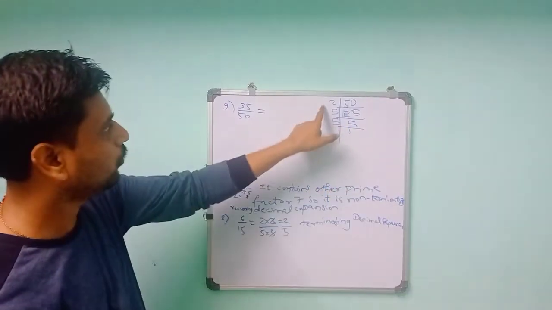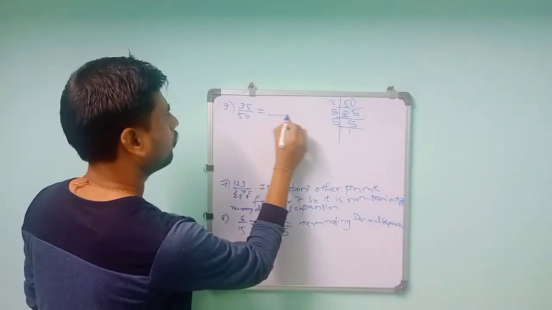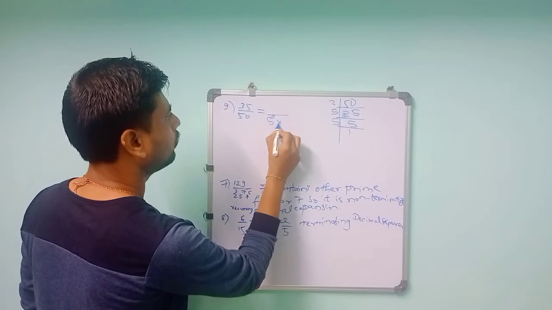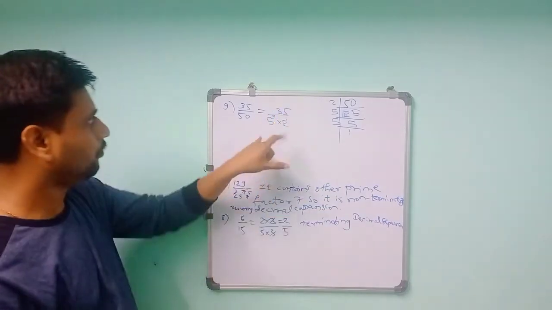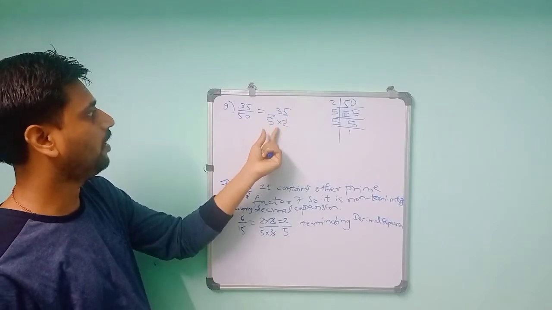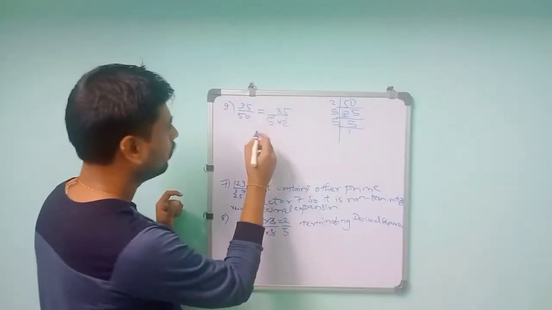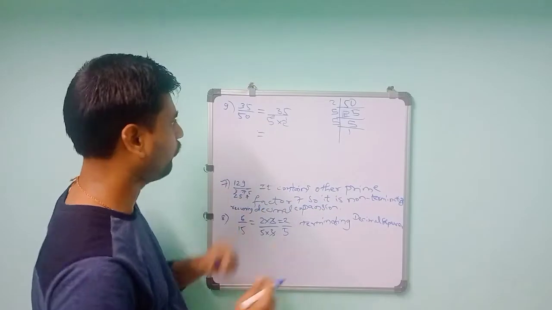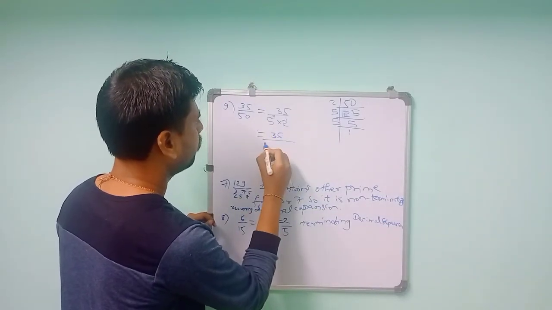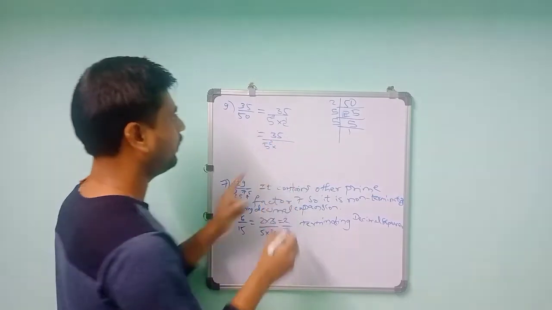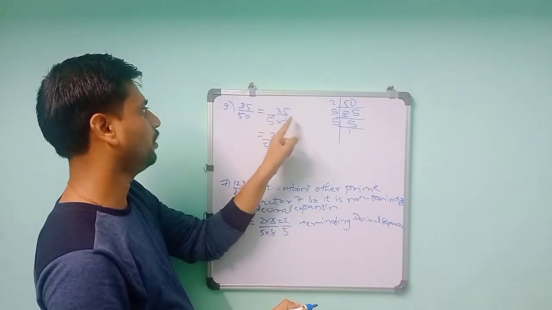So it is 2 into 5 into 5, so 5 square into 2 raised to 1, here 35. So it is terminating because only 2 and 5 are present, but you have to write it in terms of powers of 10. So 35 by 5 square into 2. I need 2 raised to 1 made the same power, so 2 raised to 2.